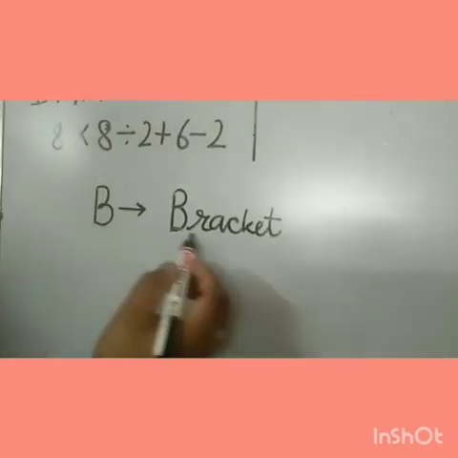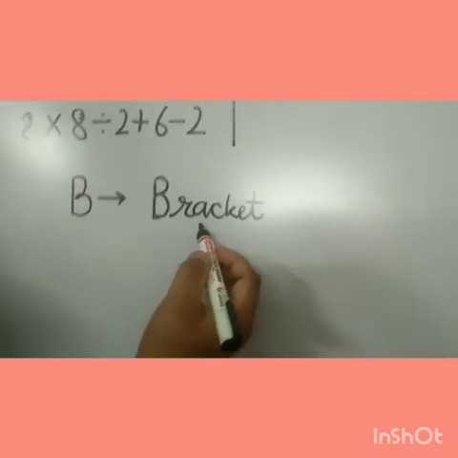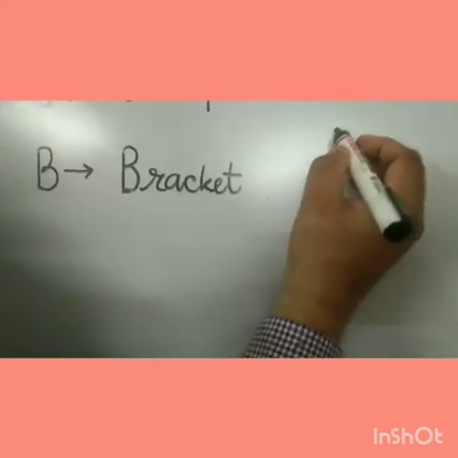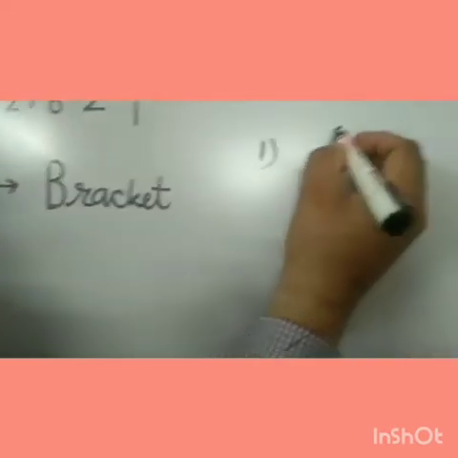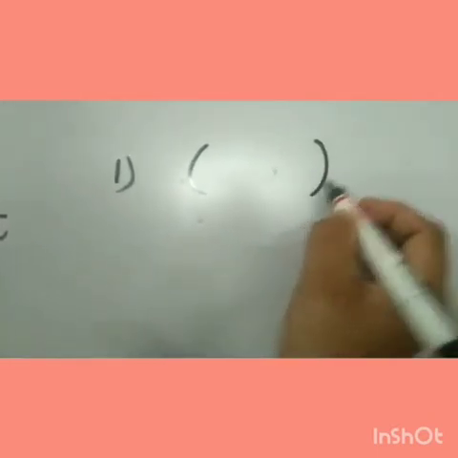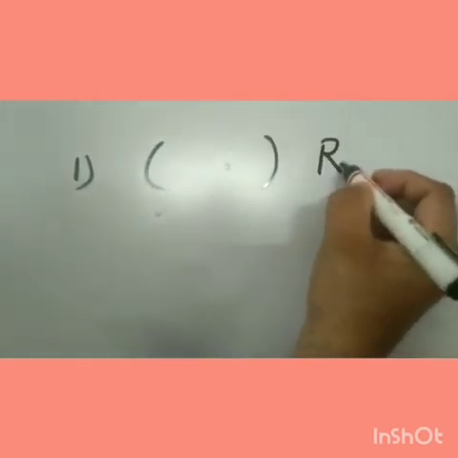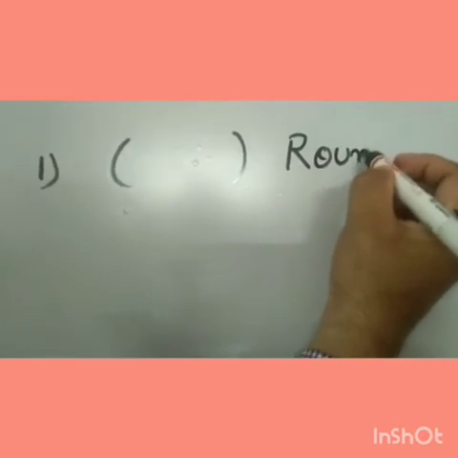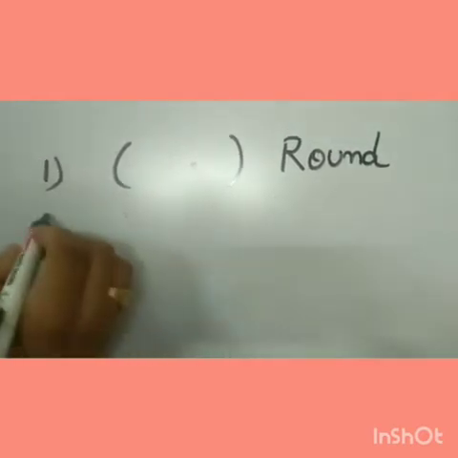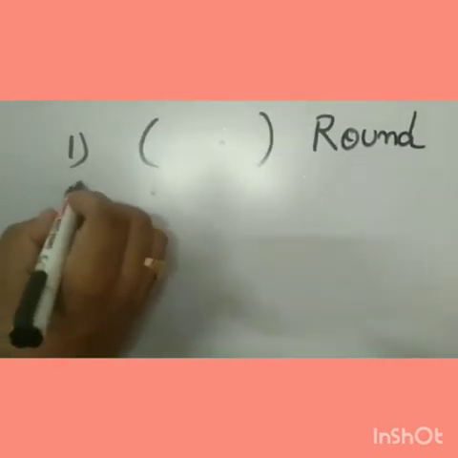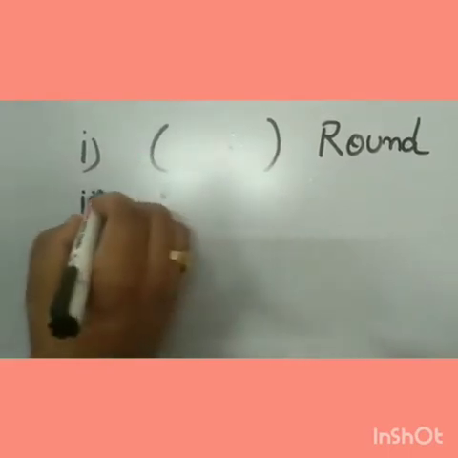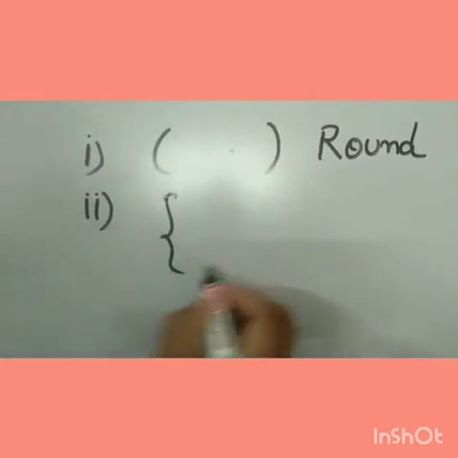B stands for bracket. There are three types of bracket. Number one, round bracket. Its name is round bracket. Number two, curly bracket.